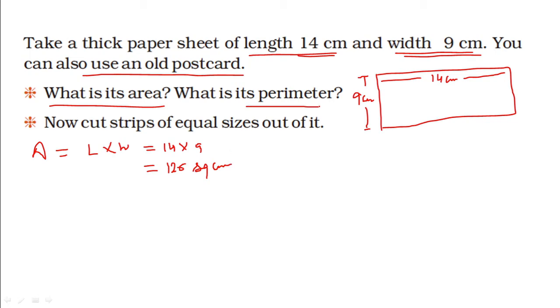Next question is perimeter. What is perimeter? Twice length plus twice width, because perimeter means sum of all sides. So length comes 2 times, width comes 2 times.